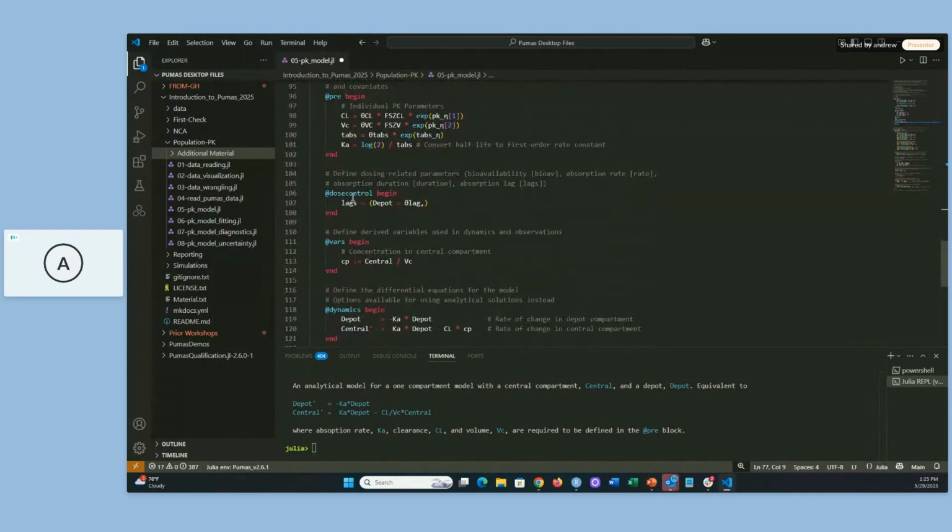And just to show you an example within dose control, adding a lag component. For an oral drug, it may not initially show up within the plasma, where you're measuring, immediately, or as quickly as you may expect. And so we can add in this additional lag component.